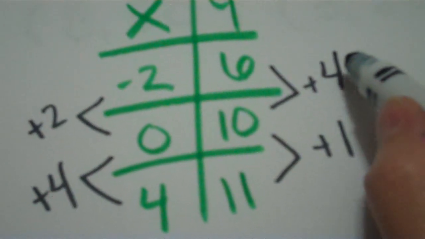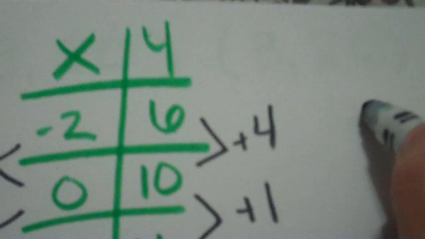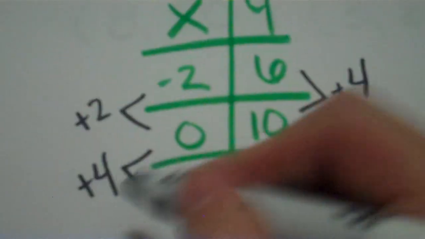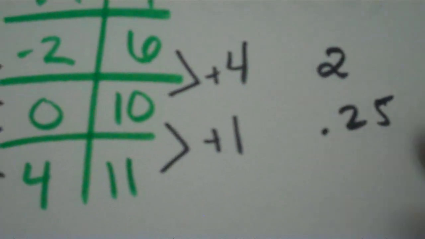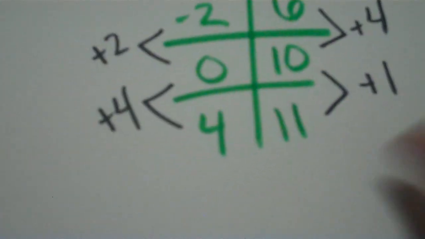Then we divide. 4 divided by 2 is 2. But 1 divided by 4, I'll show you, is 0.25. So are these things the same? No. So if they're not the same, the answer is not linear.